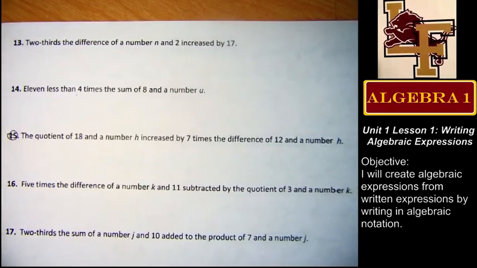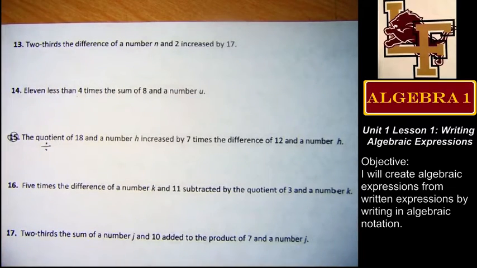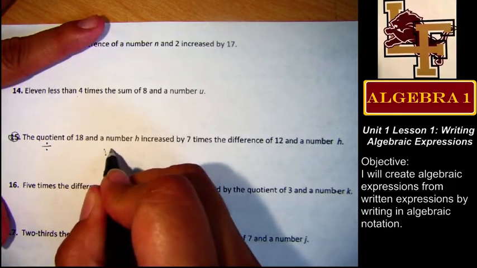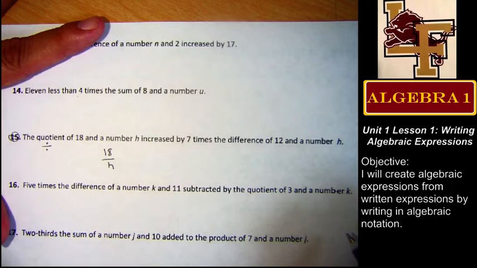All right, the quotient of. It's a divide. And if you're not sure what those are, you can go to your math language cheat sheet, our English to math dictionary. Quotient is a divide thing. What things am I dividing? 18 and h. So I'm going to write 18 divided by h. Then what's happening?